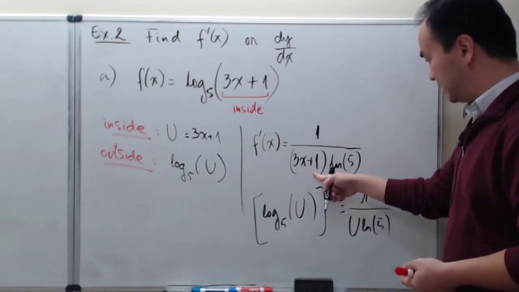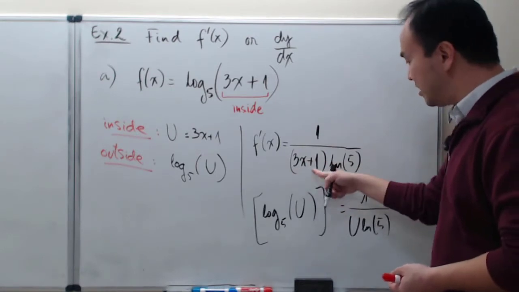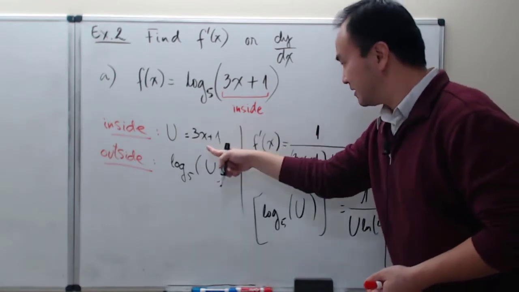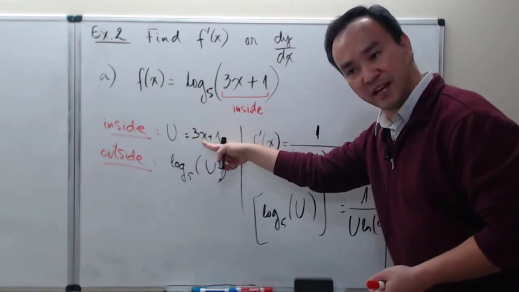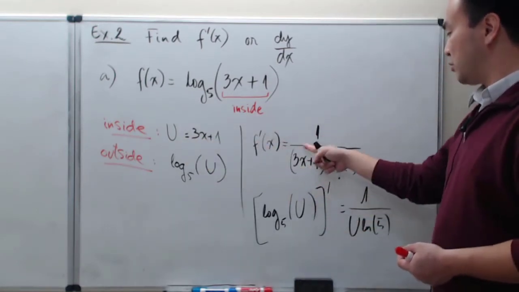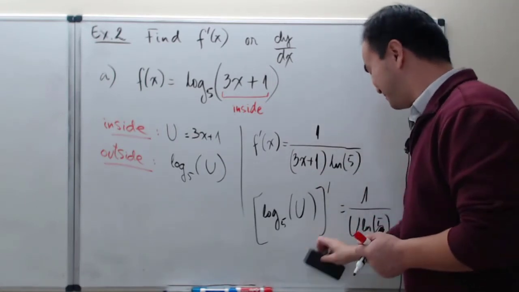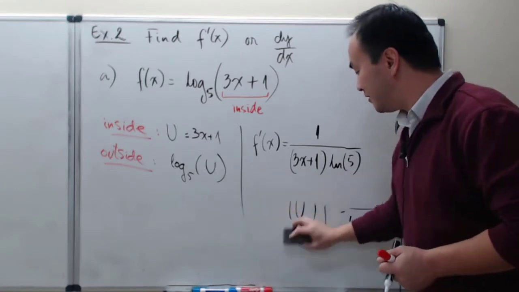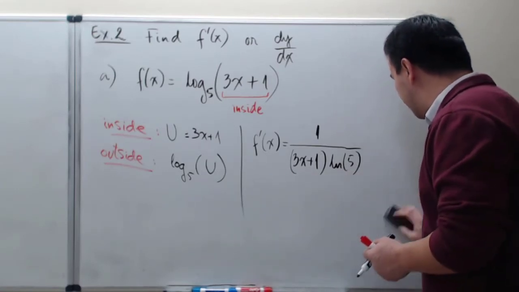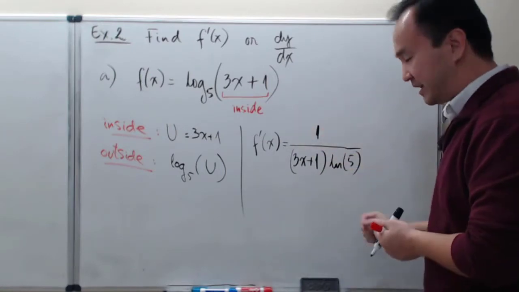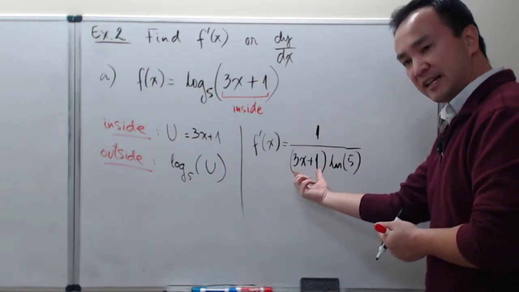But in the actual problem, instead of writing u here, I just wrote down the actual expression that u represented. That's why I'm keeping the 3x plus 1 right here. I hope I clarified some of your concerns. Now I'm going to erase this extra explanation. That's only the derivative of the outside, keeping my expression of the inside exactly the same here.